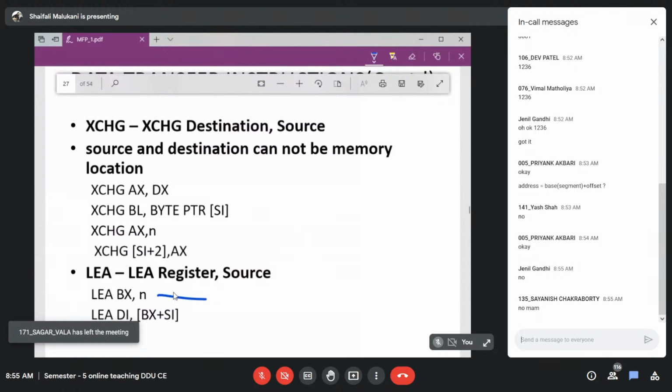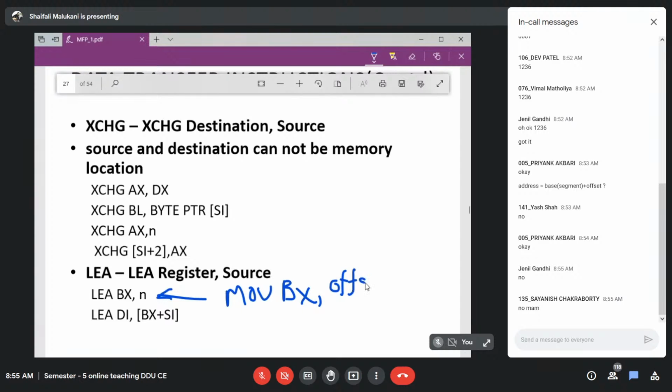Suppose I want to do this task, I can do it like this: move in BX, what to move? Offset n. Offset is an assembler directive. It is not an instruction of 8086.